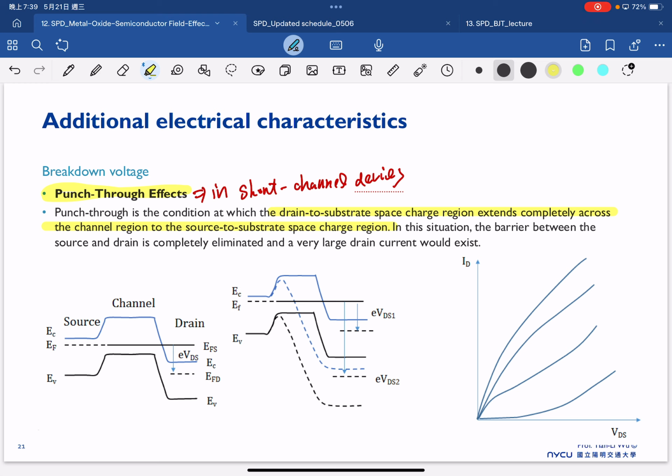This is something we mentioned before, but now we will mention it again. Imagine you have a short channel device, where you have the source here, a drain here, and this is the gate.